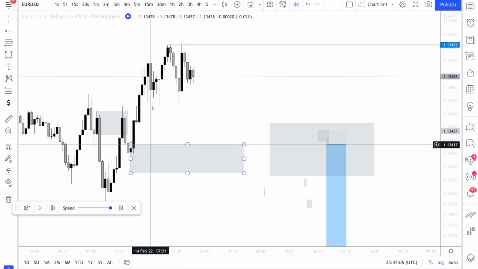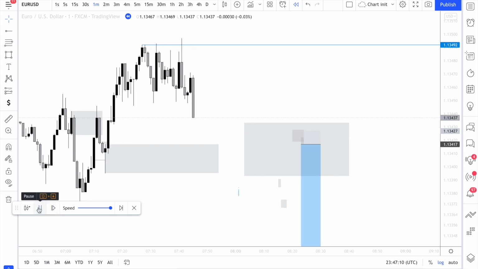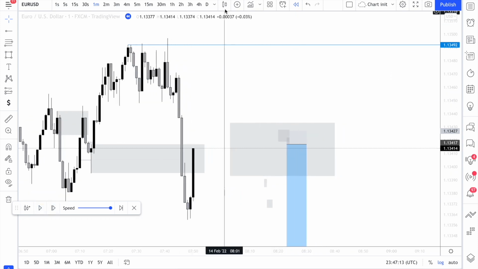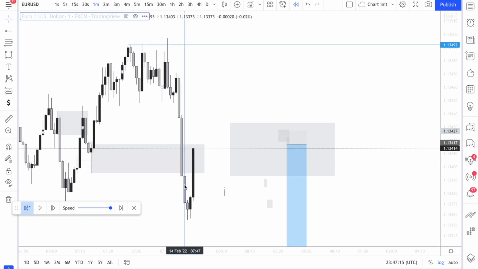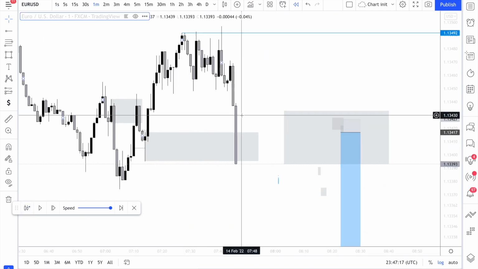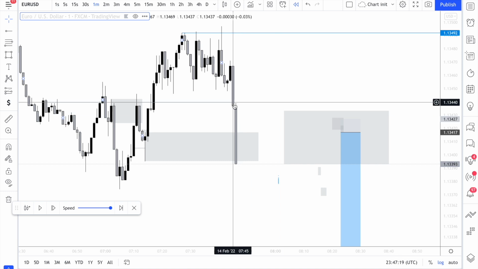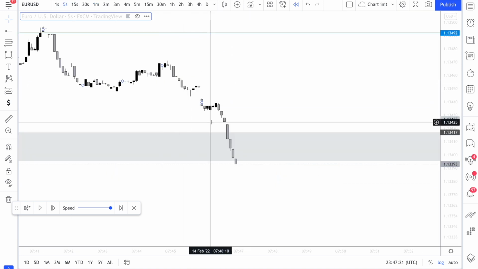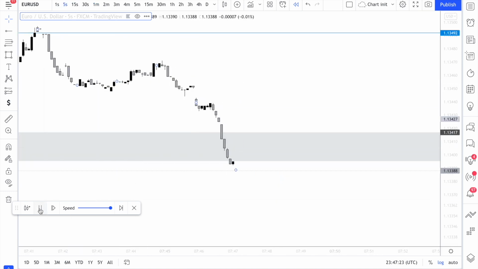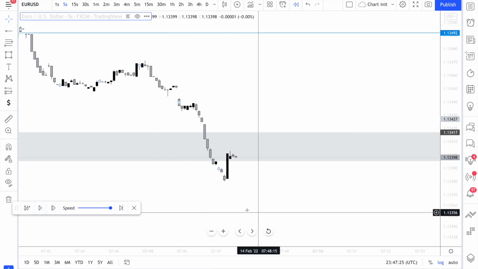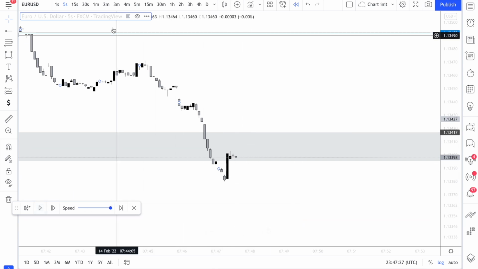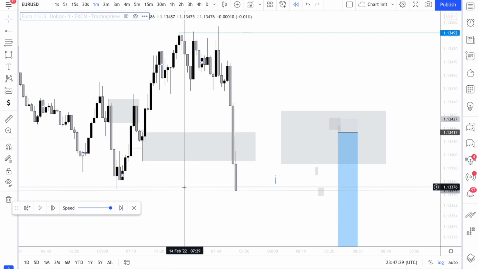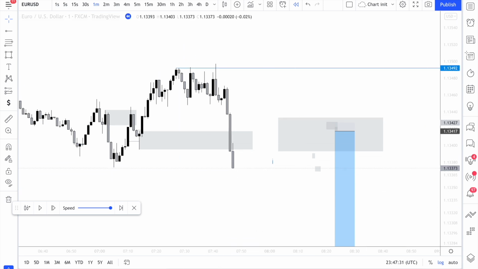So now we have bullish intent. Let me play this out until price gets in there, and then I'll go back to this. So as price came and tapped in, obviously we didn't see this at the time. As price came and tapped in, price just went flying through, and it didn't give an entry as such, so it invalidated the structure. And now what we have is bearish intent.